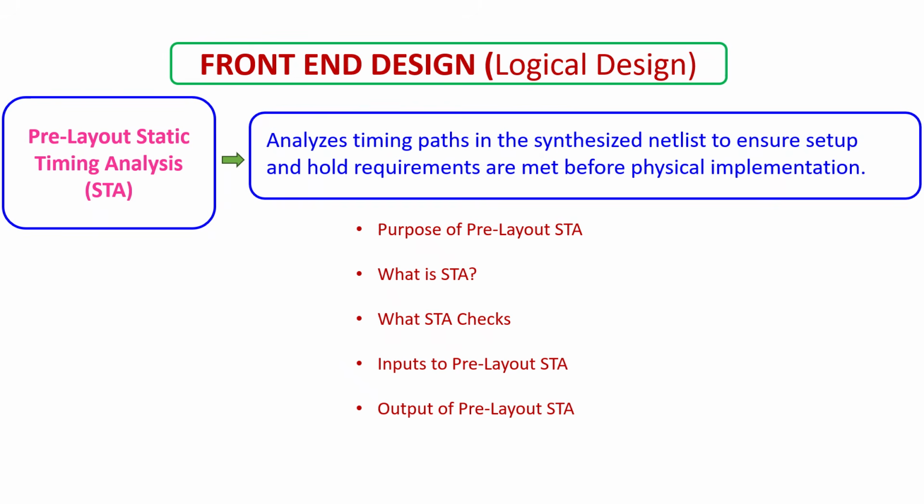If it is positive slack, timing is met. If it is negative slack, timing violation. If it is negative slack, we can't proceed to the next step. We have to go back either to the synthesis or the RTL code and make the changes. If positive slack, we can continue.